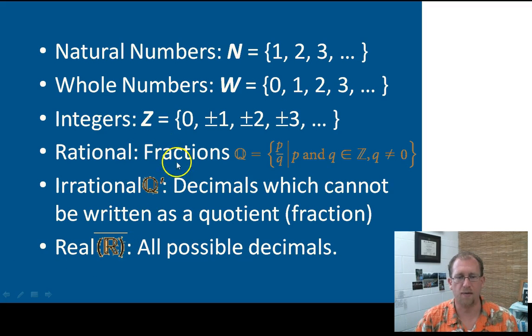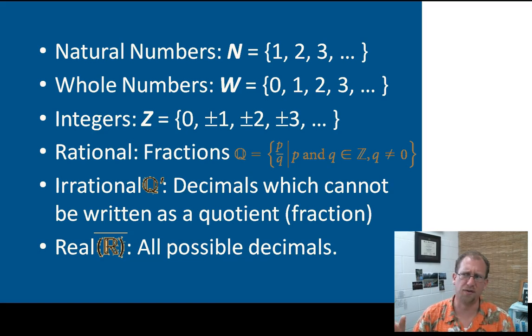Both rational and irrational numbers make up the set of numbers called real numbers. So real is a fancy R, and this is all possible decimal values. Okay, now what would then be an unreal number? Well, those are imaginary numbers, and you'll get to that in Algebra 2, I believe, with i, and that's the square root of -1.